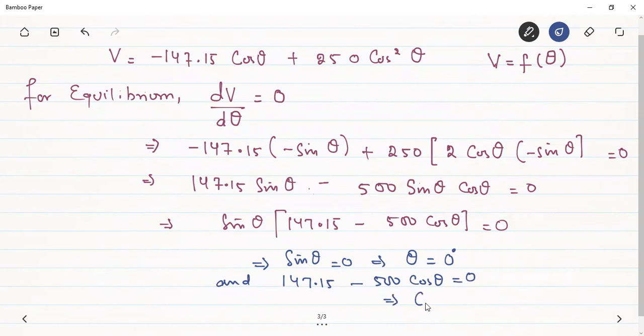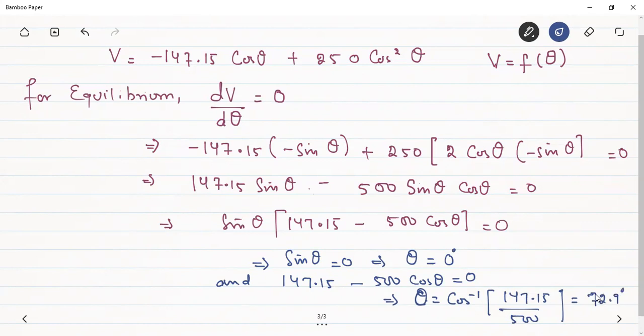From here, we will get that theta is cos inverse of 147.15 divided by 500. So this value of theta comes out to be 72.9 degrees.